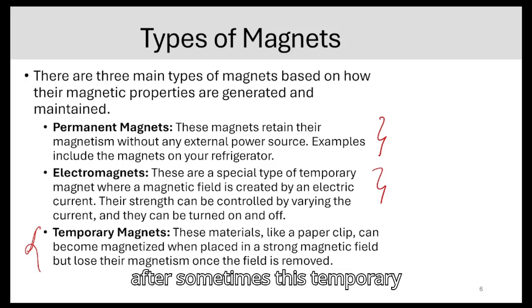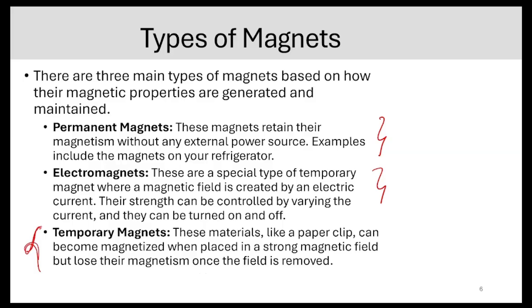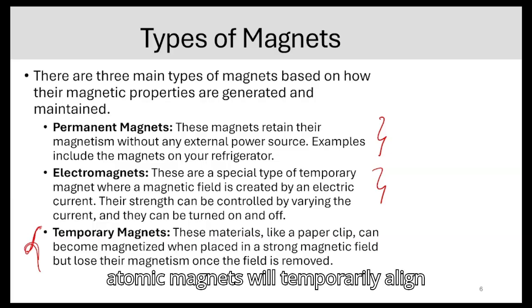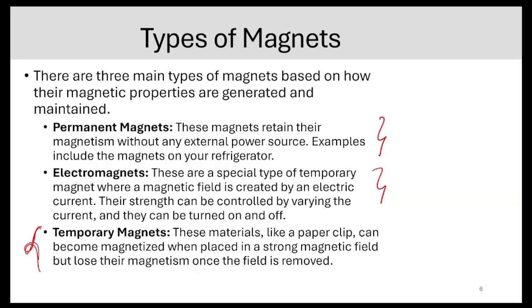And after some time, this temporary magnet will return to a normal condition. In other words, the atomic magnets temporarily align in the same direction, and after some time they change to a random alignment.